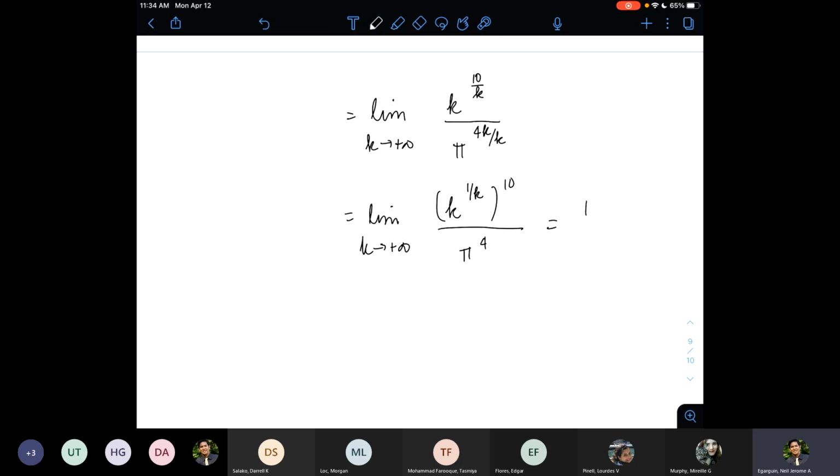So the top goes to 1, the bottom goes to pi to the 4th. Definitely pi to the 4th is greater than 1, because pi is 3.14159265 and so on, and you multiply it by itself 4 times. So the limit here is less than 1, and by the root test, the series converges.